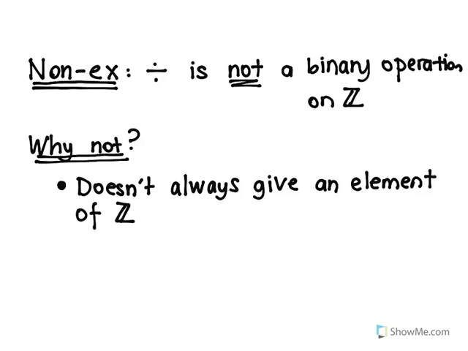One reason that it fails to be a binary operation is that if I combine two integers with division, the result is not necessarily an element of the integers. For example, if I start from 5 and 2, which are both integers, if I combine them using division, 5 divided by 2 is not a whole number, so that's not an element of the set Z.